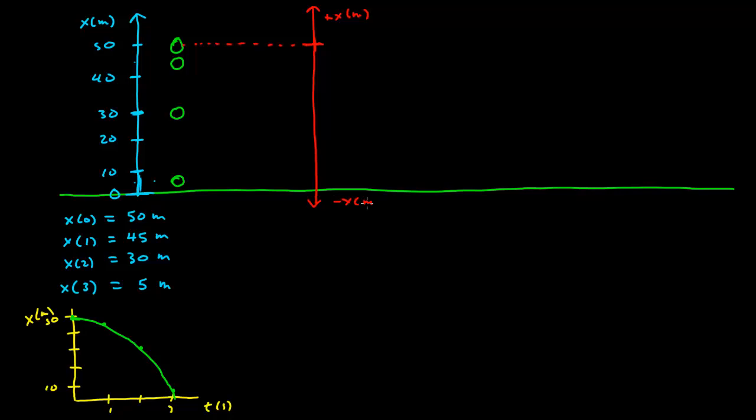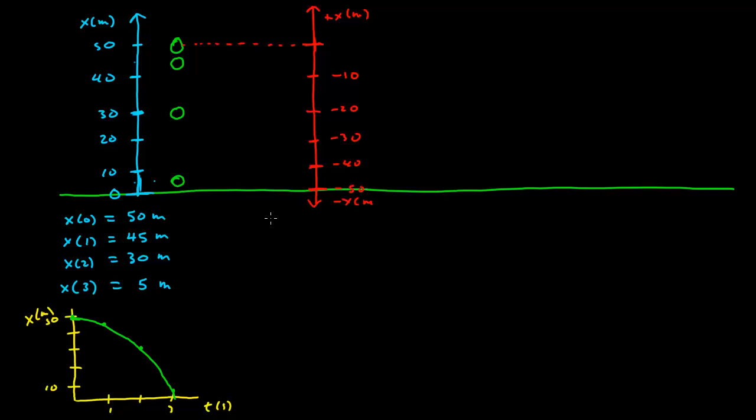Here's where 40 was before. This is -10, -20, -30, -40, and then the ground is at -50.